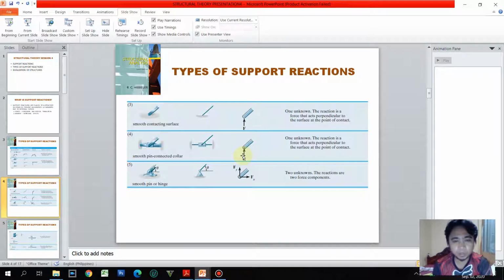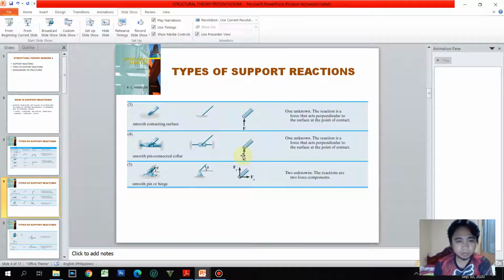Whatever the location of the point of contact, we just draw a perpendicular line at the point of contact of a smooth pin connected collar, and that will be your reaction. So only a single one.